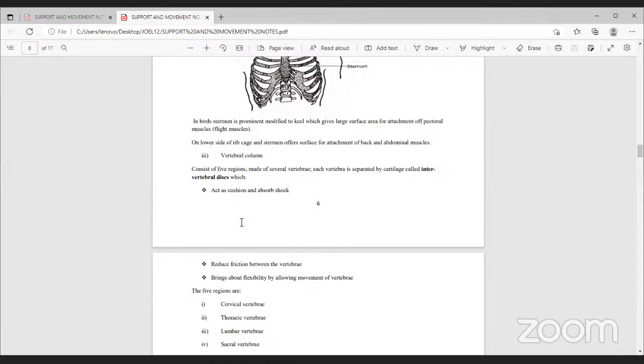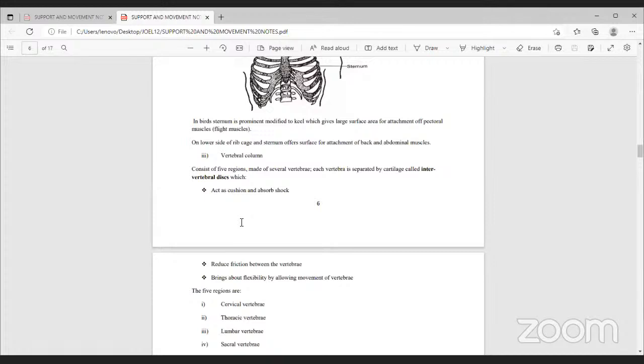Next, the other thing about the intervertebral disc, and the last one, it makes the vertebrae flexible to allow the movement of the vertebrae. If the 33 bones of the vertebrae are fused or they are fixed, then that is to say the organism cannot be able to move, cannot be able to maybe bend.